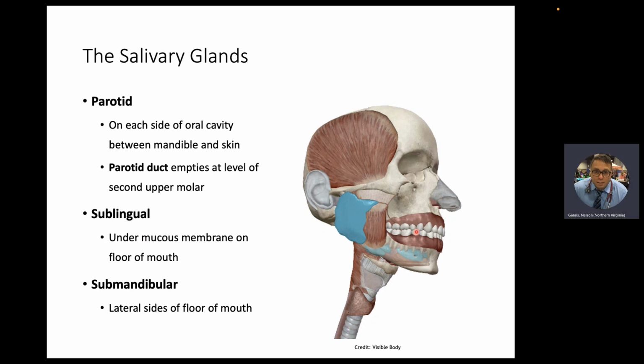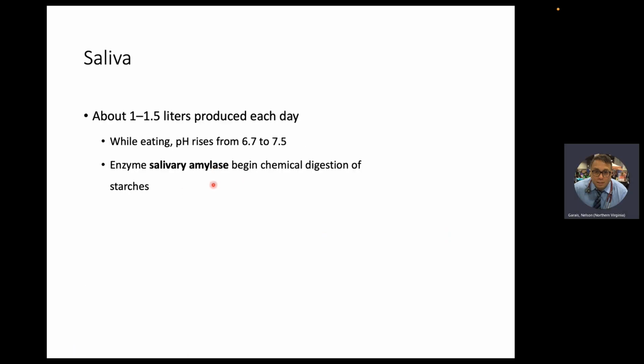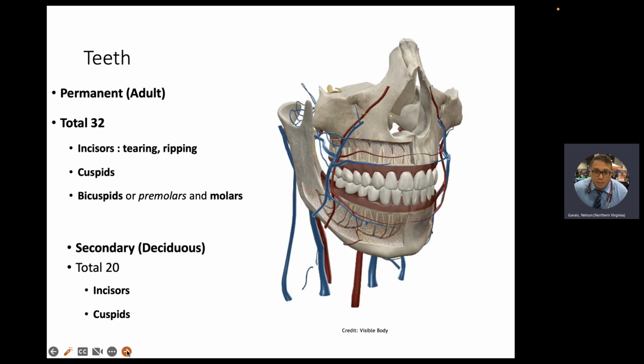And salivary amylase, of course, is going to break down carbohydrates. Teeth, I can't tell you much about teeth, but not a big topic for this particular class. Just know that teeth are part of mastication, part of the chewing, and the gum line is called your gingiva.